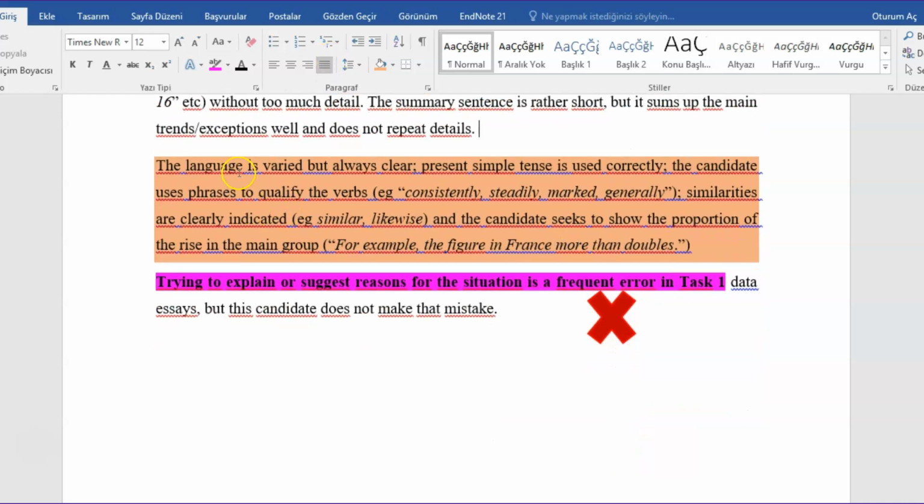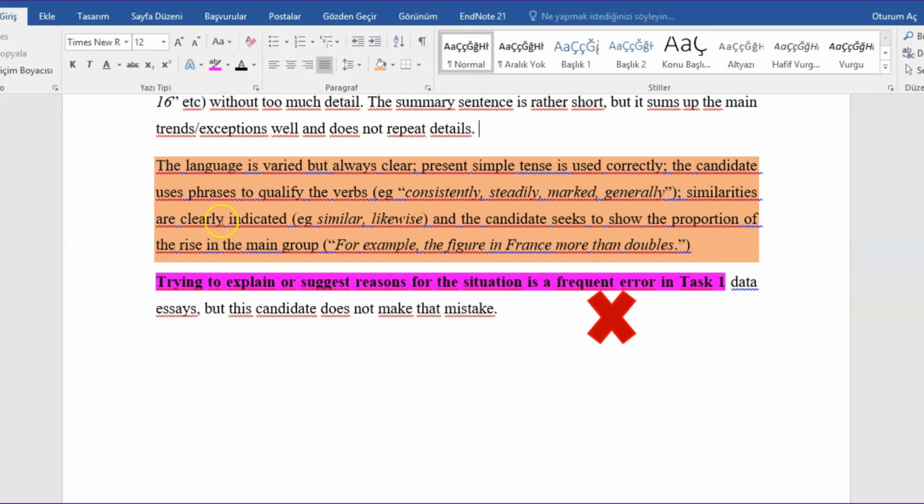The language is varied but always concise and clear. Present simple tense is used correctly. The candidate uses phrases to qualify the verbs such as consistently, steadily, marked, generally.